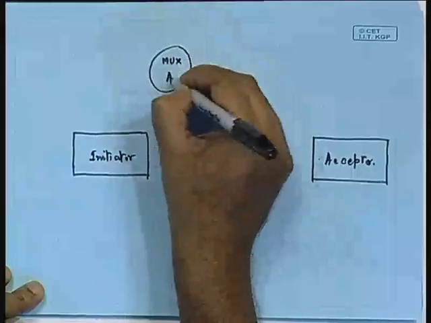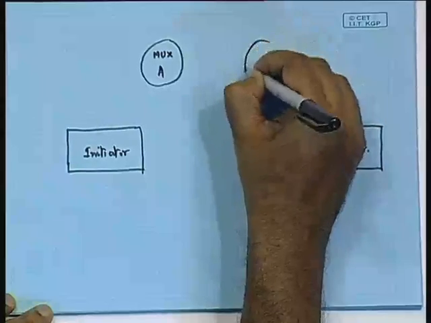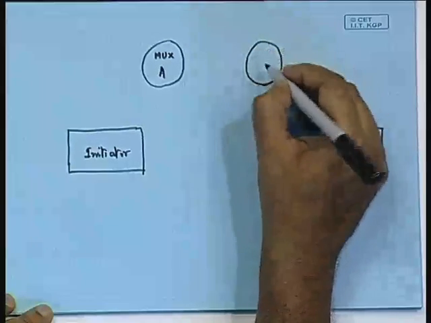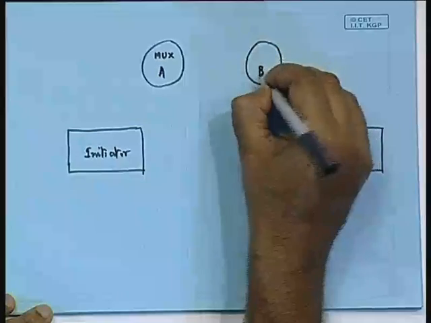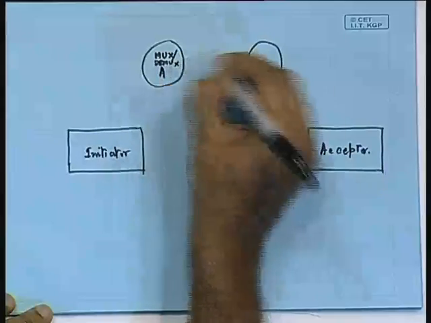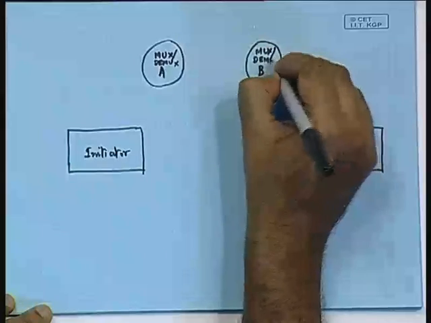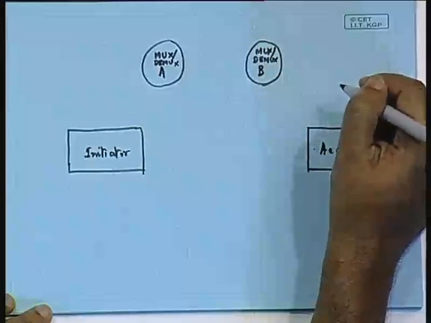Let us say that this is the multiplexer A. Incidentally, these multiplexers also act as gatekeepers. These are intelligent multiplexers. So, in the total connectivity, we will have the mux A, and correspondingly the demultiplexer, which we call B. Both will be mux demux, because every such node will have both multiplexing and demultiplexing capability.